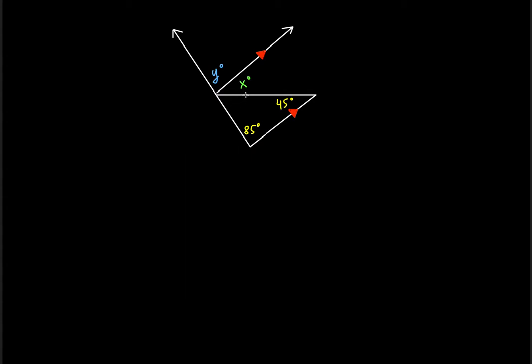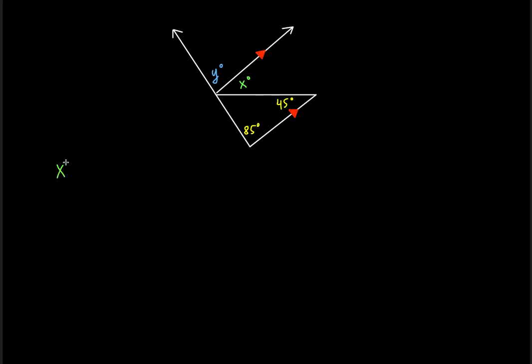For the value of x, it's fairly simple, because picture that these two are parallel lines, as they should be, and treat this line segment as a transversal. If this is a transversal, it creates 45 and x as alternate interior angles.